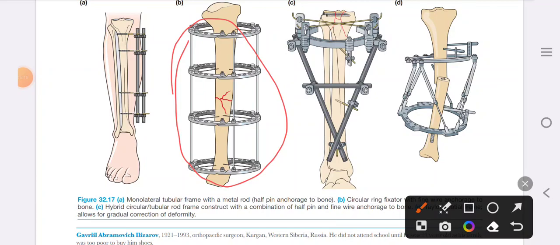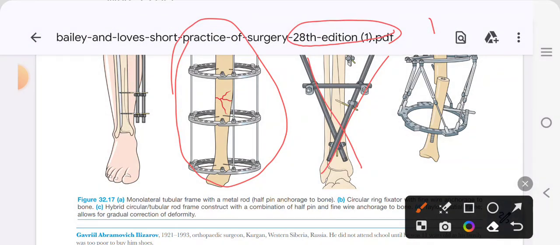Or it can be a hybrid fixator, a combination of ring and simple fixator, and it is a tailored spatial frame for gradual deformity correction.